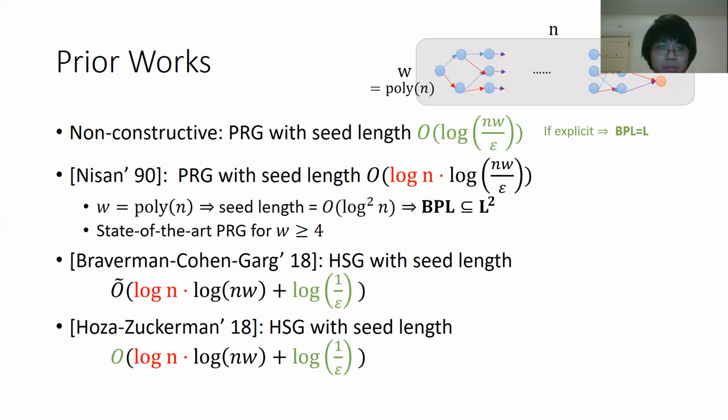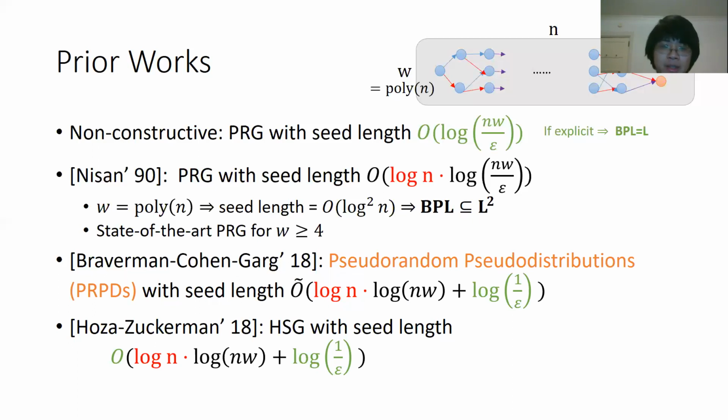However, the original work by BCG still has the advantage that they actually construct the pseudorandom pseudo-distribution, which is a stronger object than a hidden set generator. While the Hoza-Zuckerman result is restricted to a hidden set generator.